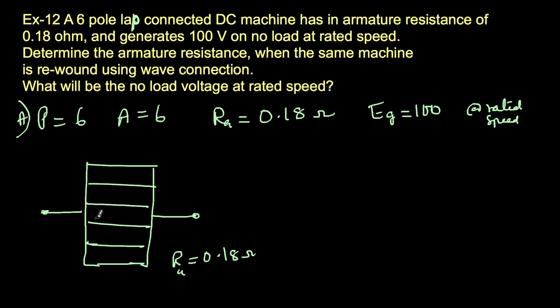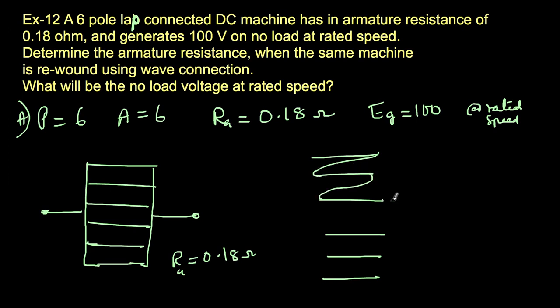Now when I do rewinding, I rewind with 2 parallel paths. That means what I'm doing is taking the 6 parallel paths and connecting them in series, and then this will become one parallel path, and then this is also connected in series.